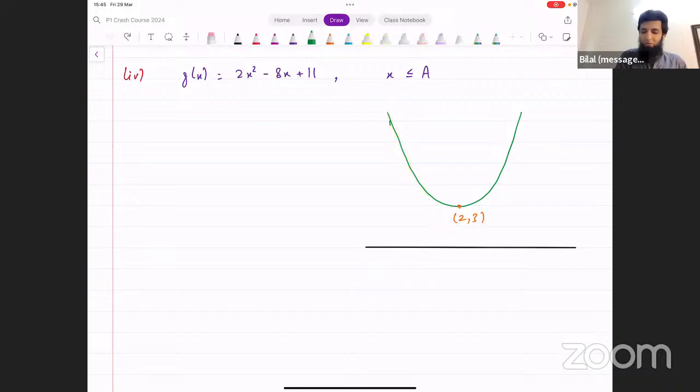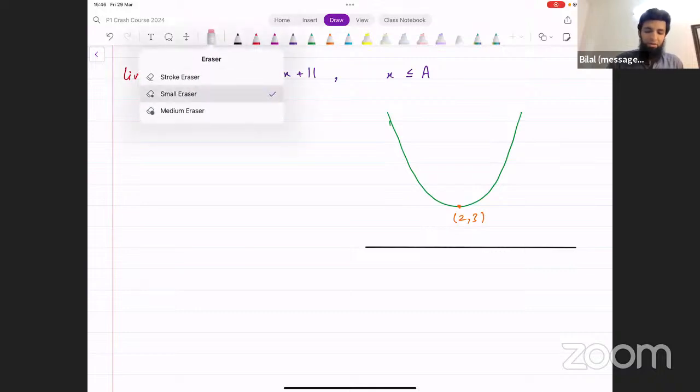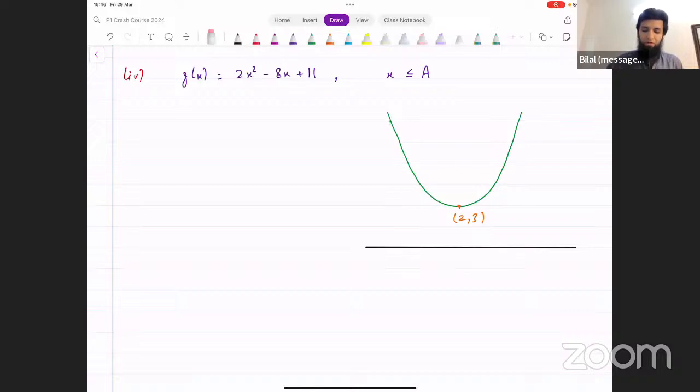Now, what we are looking for is the largest possible value of a for which this function would remain one-to-one. And it says x less than or equal to a. That means some part on the left of the function is valid. So we can consider the part to the left side of the turning point and see whether it remains one-to-one or not.